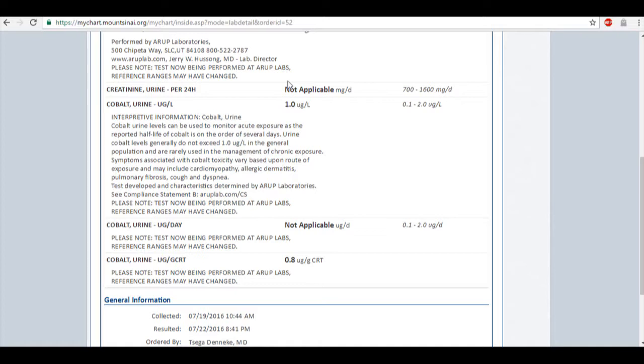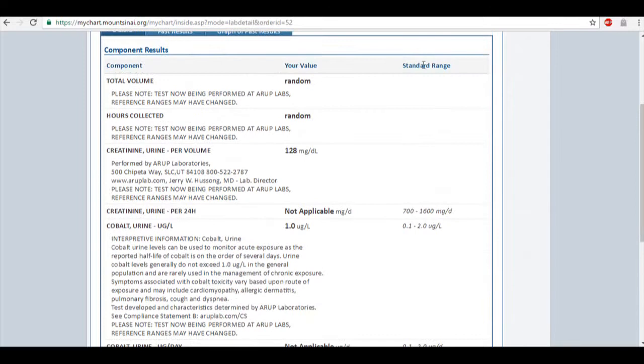In reality, I strongly believe that they did the testing. And there is a standard range, as you see over here. They normally give you a standard range. If you're in this range, it's okay, you're not suffering from poisoning.